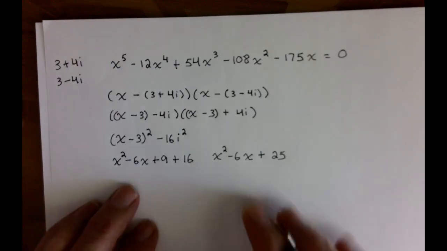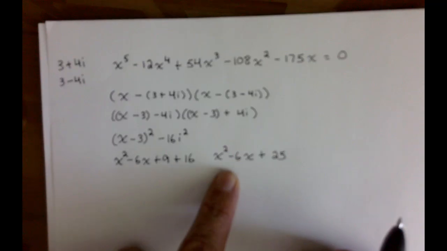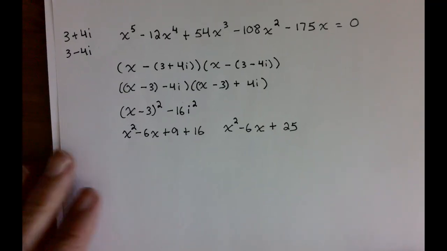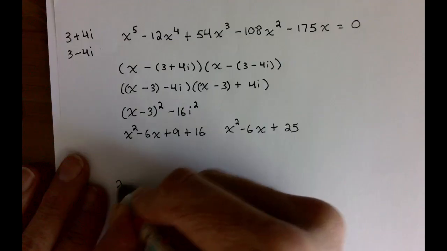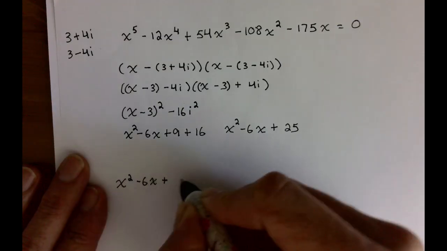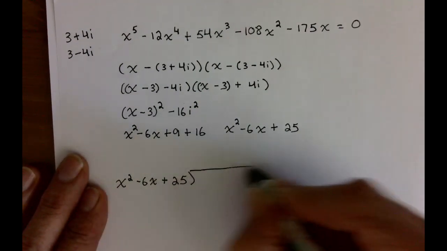But now what I'm going to do is divide this ungodly expression by x squared minus 6x plus 25. Okay, so I'll put that on the outside here. I'm going to divide that into the whole thing here.